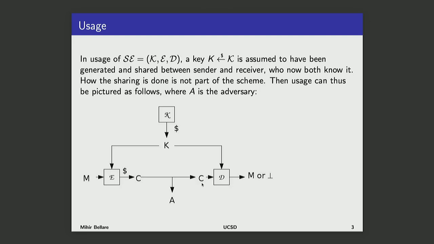The receiver takes the received ciphertext and either outputs a message or this special symbol, and the receiver uses the decryption algorithm with the same key. The A here indicates where the adversary sits, so it sees what goes across over here. Again, once you have the key, you imagine lots of different messages pushed through here and coming out.